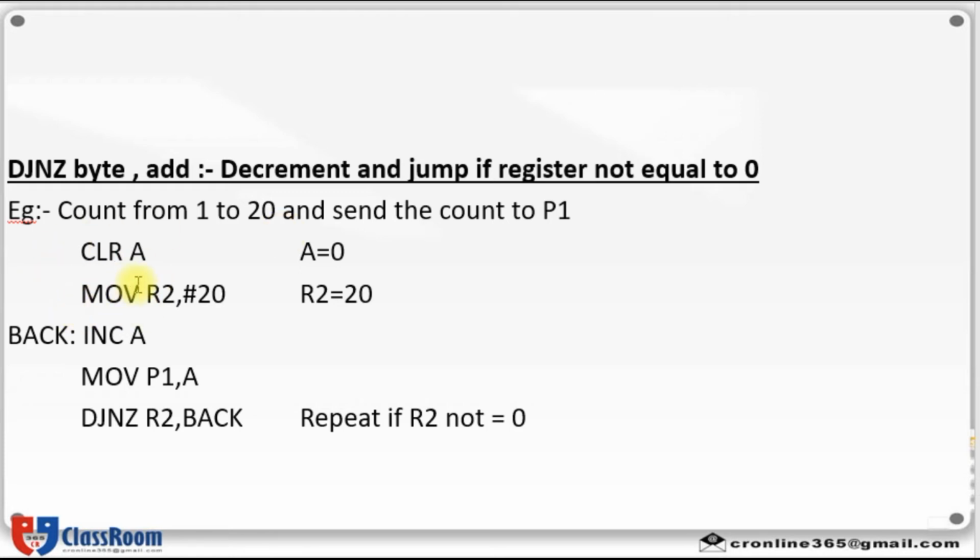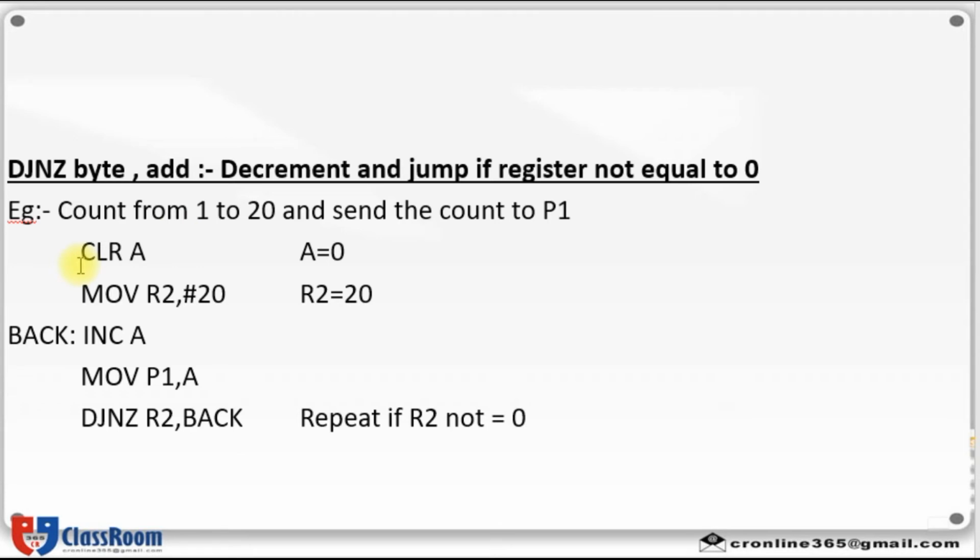So here I am using R2 as the counter. So I am setting this R2 register as the value 20. So MOV R2, #20. By using this instruction, R2 value is set as 20. Then first this accumulator value is 0. Then you have to increment this accumulator value.